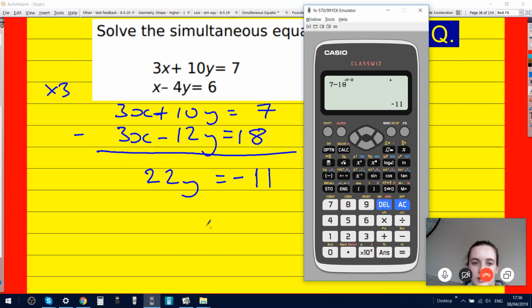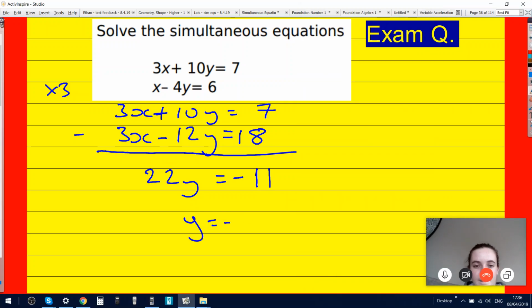So then y is minus 2. What do I do with the calculator? Divided by 22. Oh, minus 0.5. Yeah.